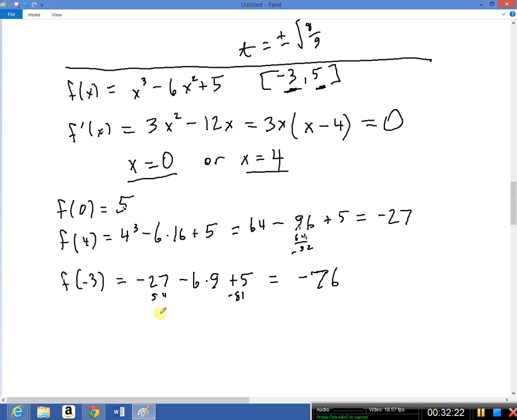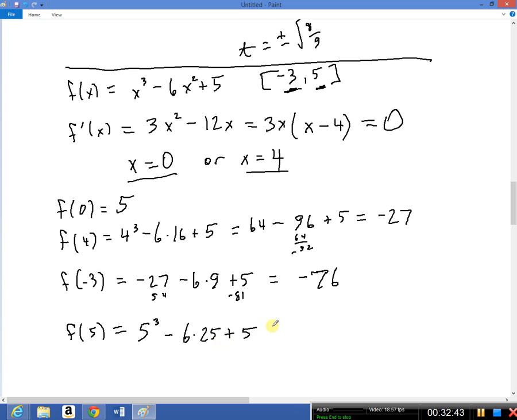And then finally we've got to plug in 5. f of 5 is 5 cubed minus 6 times 5 squared, 6 times 25, plus 5.